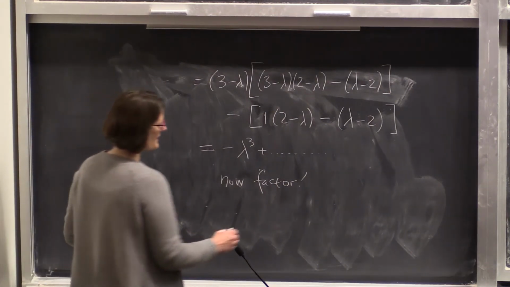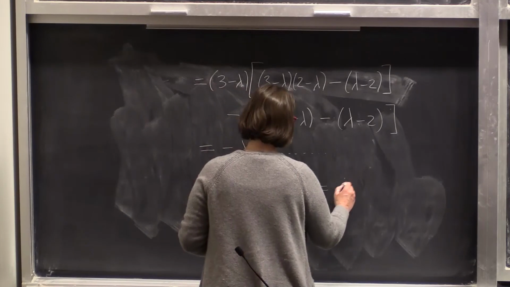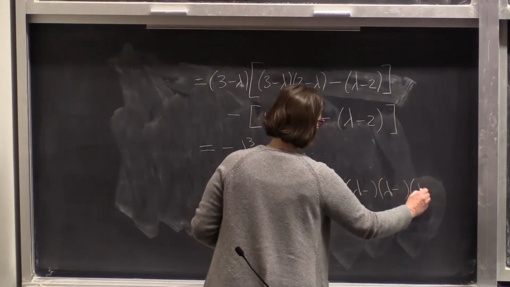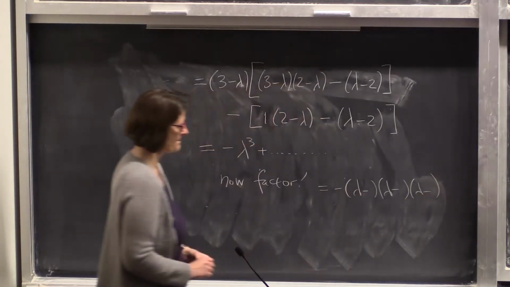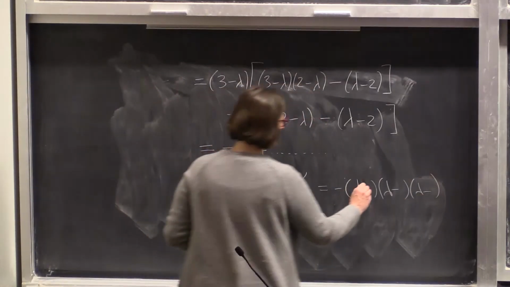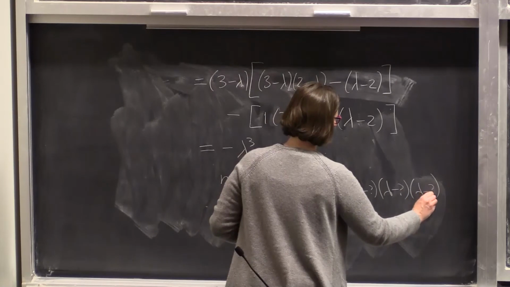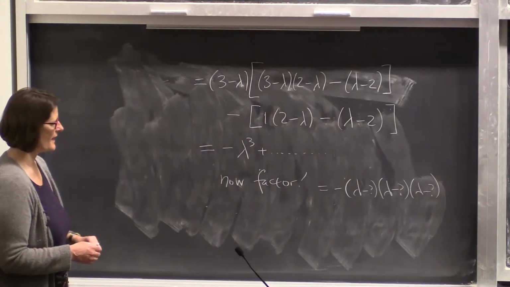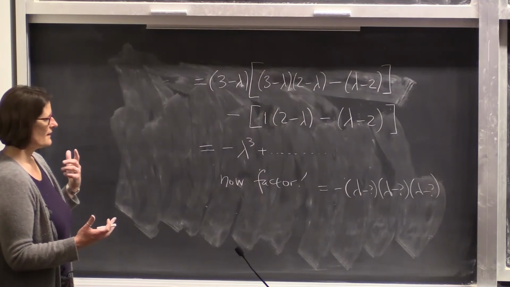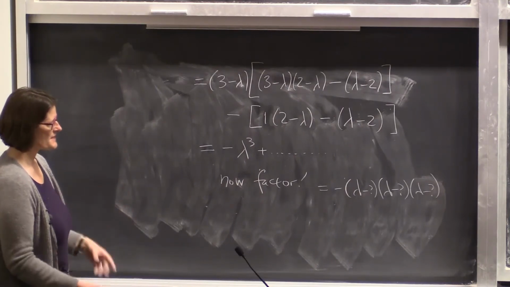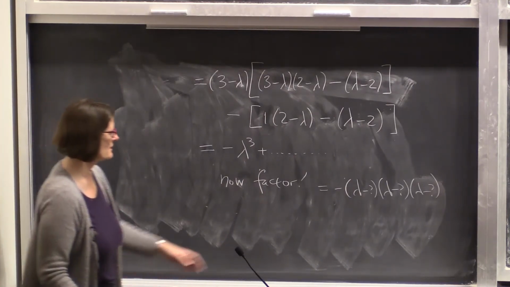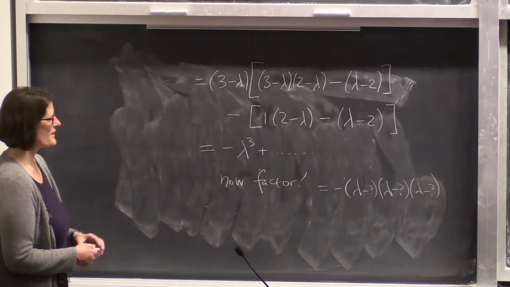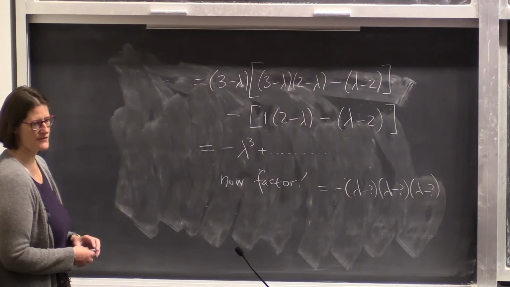Because ultimately I would like to get that this is minus lambda times something, lambda minus something, lambda minus something. Given that my goal is to write this thing as lambda minus something times lambda minus something times lambda minus something, plus or minus, are there any lambda minus somethings that I can simply factor out?